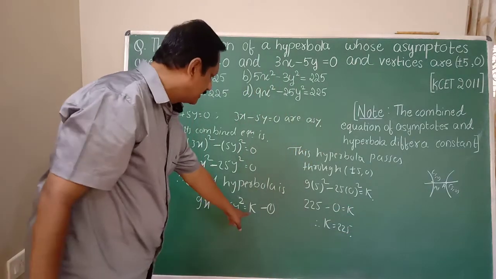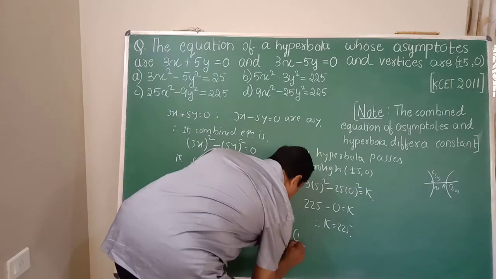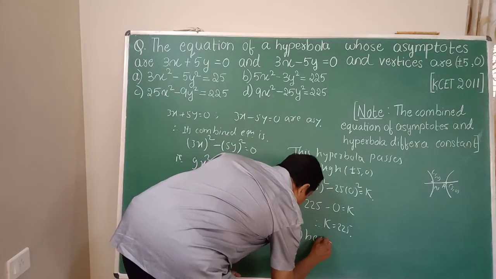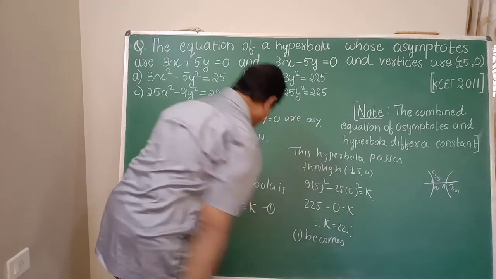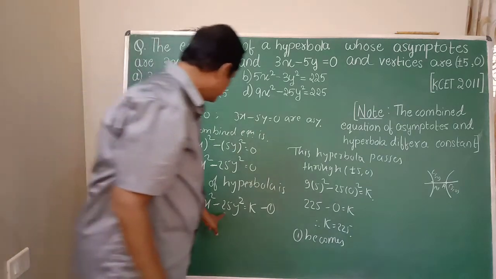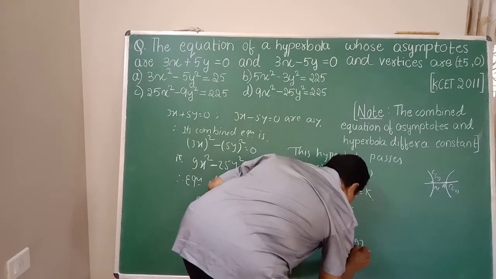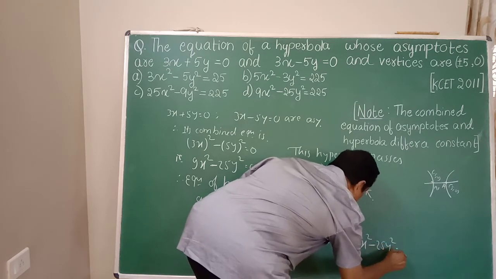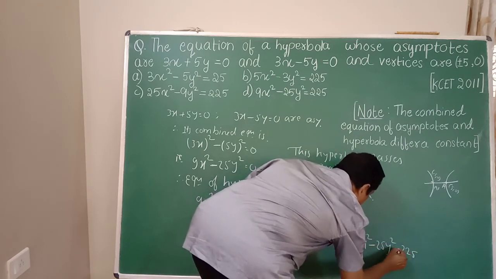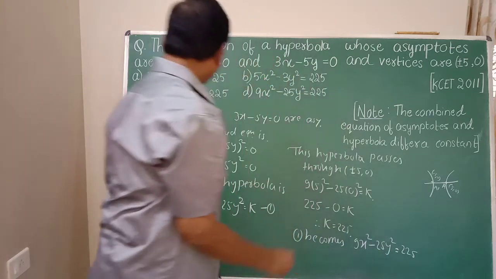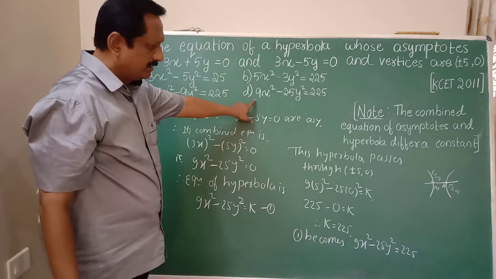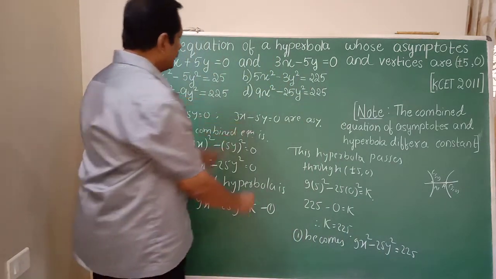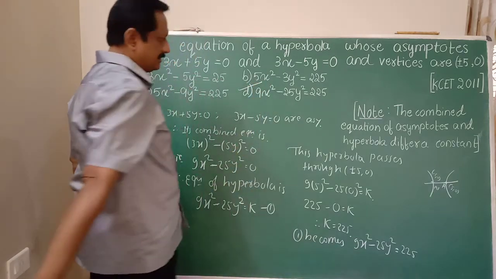Therefore equation 1 becomes 9x² - 25y² = 225. So D is the correct option.